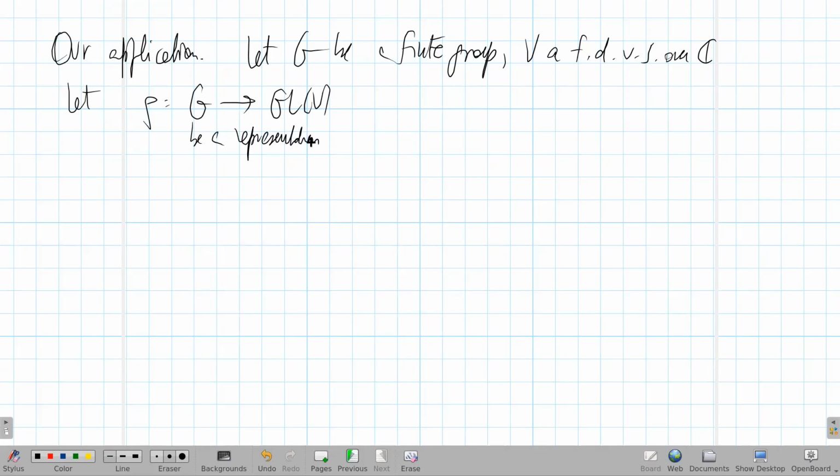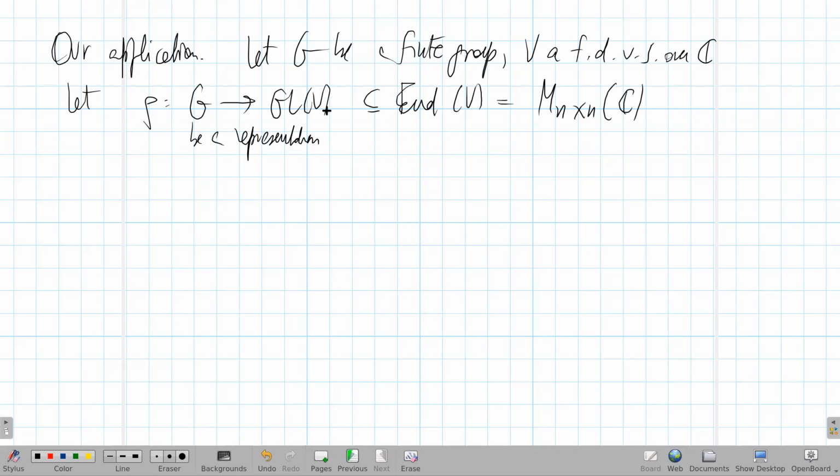Of course, GL(V) is contained in the endomorphisms of V, the C-linear endomorphisms. Let's say this is the ring of n times n matrices over C, once you have chosen a basis. So these are invertible matrices.